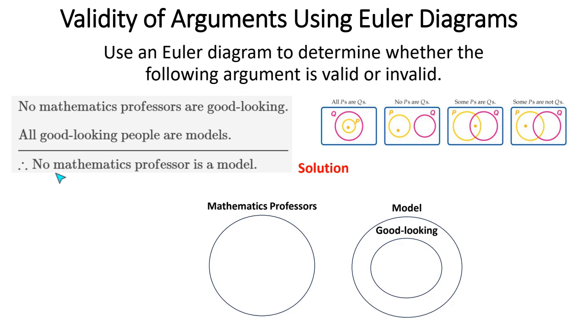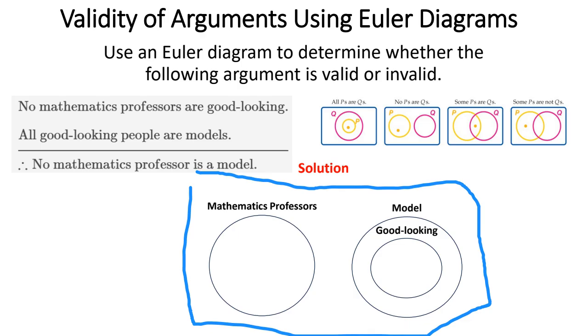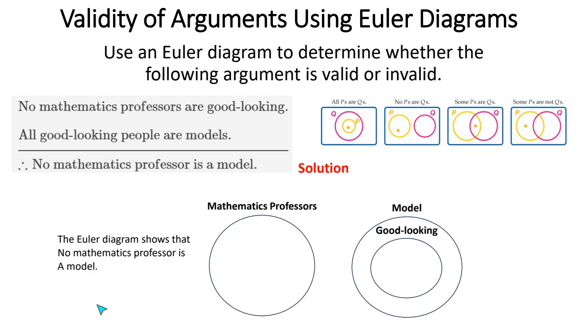If we look at our conclusion, therefore no math professor is a model, by looking at our picture, let me just draw my box, we can see that in this situation our conclusion works: no math professor is a model. But don't forget the question you want to ask: can you draw this picture in a different way so that your conclusion is not going to be true?